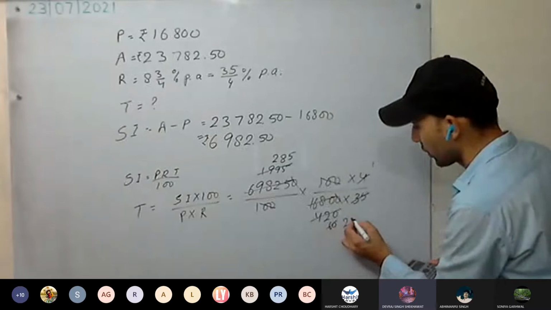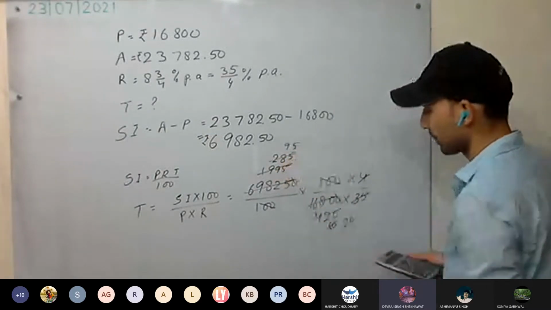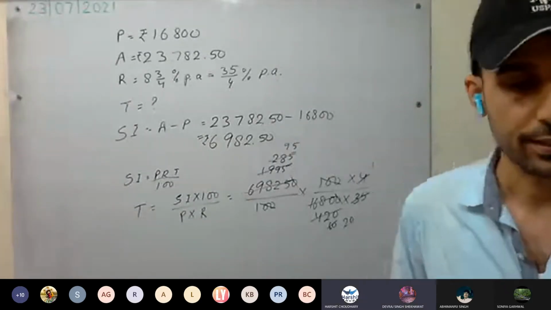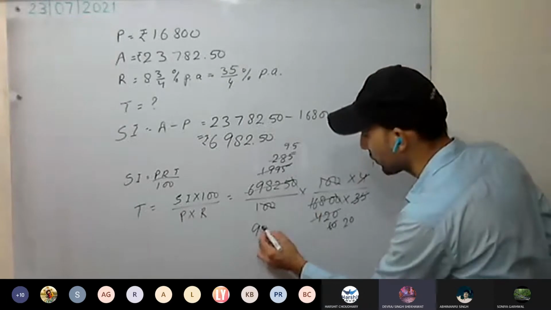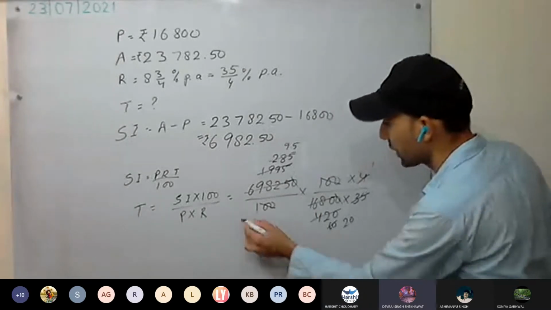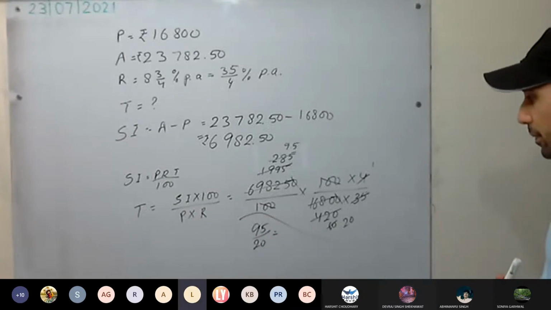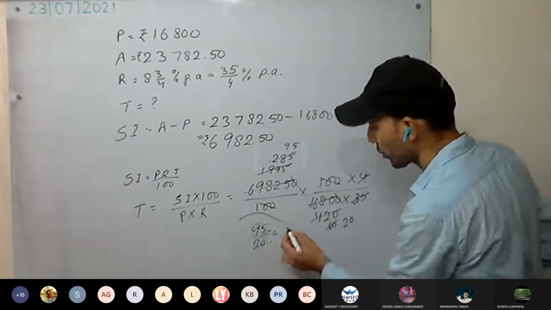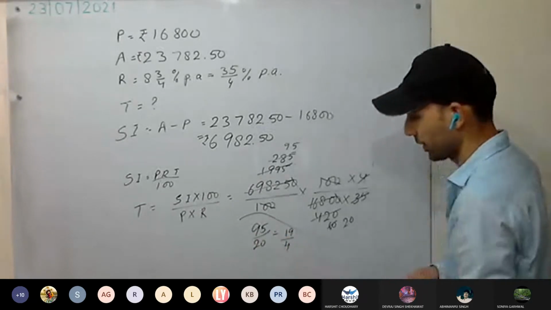Here we get 95 upon 20. Further, it is divisible by 5. So 5 ones are 5, and we get 19 upon 4.